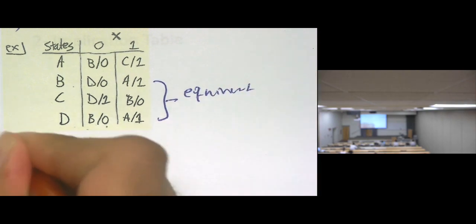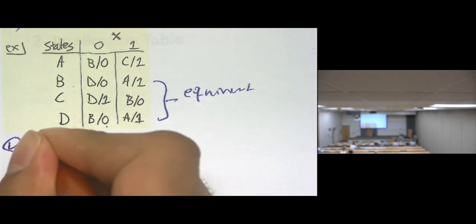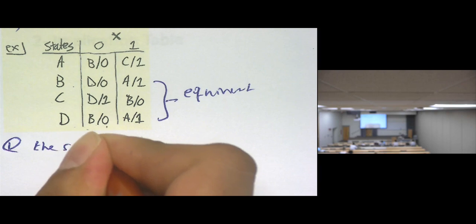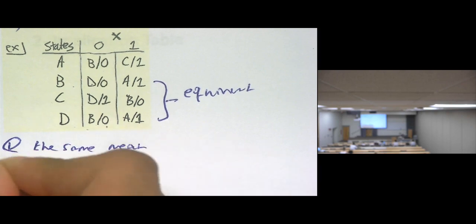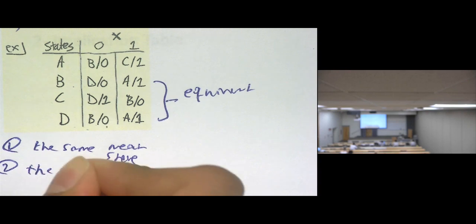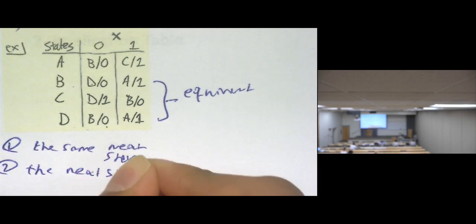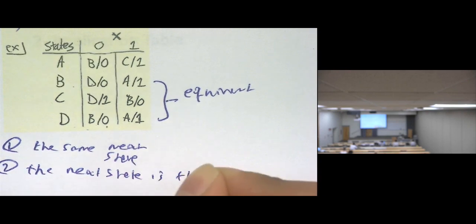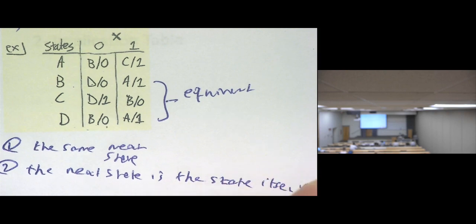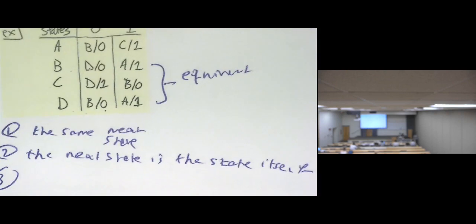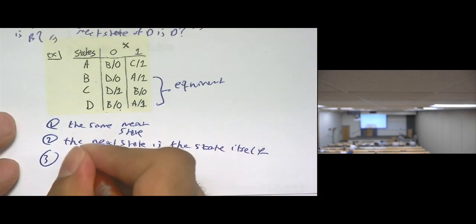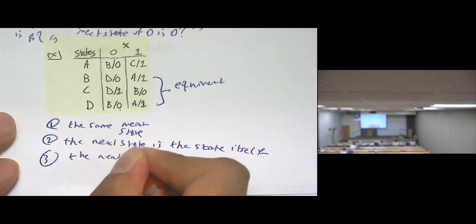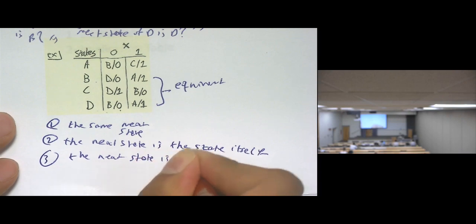So we can say it is equivalent if those are the same next states, or the next state is the state itself, or the third part, which is the next state is the other state.